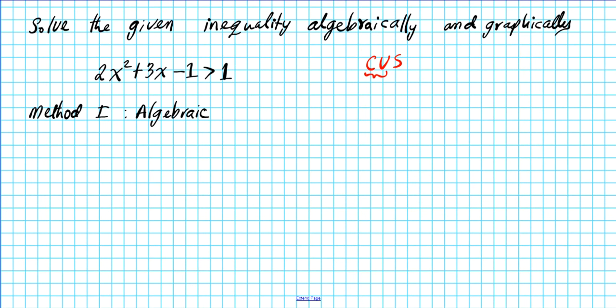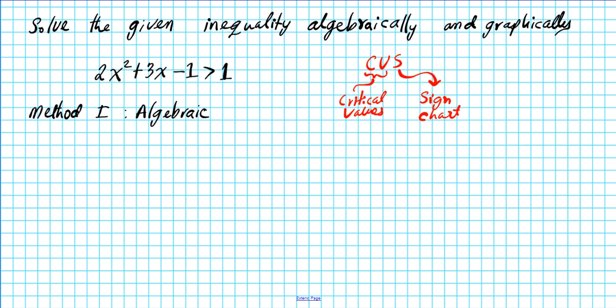Think about CV as your critical values, and then think about S as your sign chart. These are the two components that are needed in order to solve quadratic inequalities algebraically.